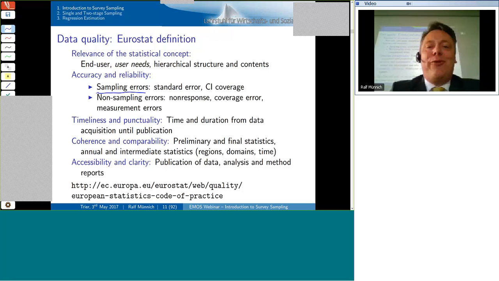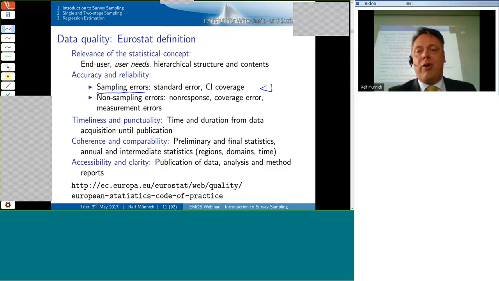In practice, you have non-response, but that comes a little bit later. Timeliness, punctuality, of course, is important. Coherence and comparability, accessibility, and clarity. All these concepts certainly have a huge impact on what you can choose as designs and how you can arrange that. But as I said, our main focus today will be on the sampling errors.